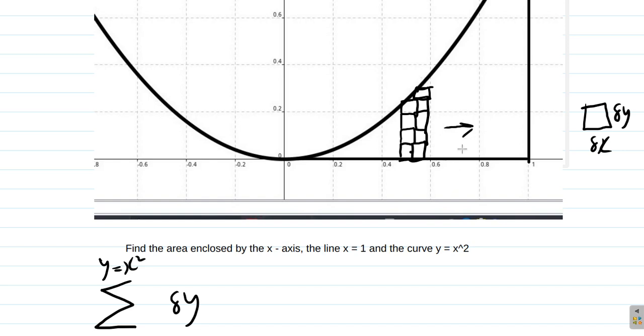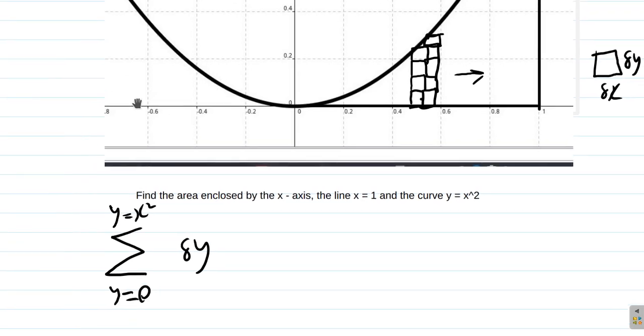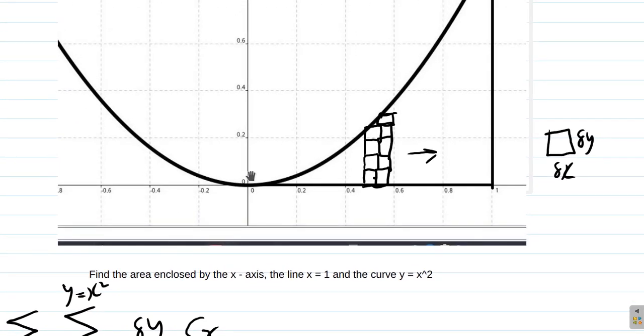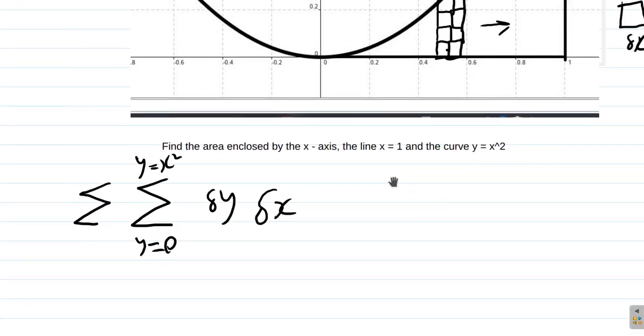So we're going this way. We are adding up things where x is changing, so it's delta x. All of these represent each column going upwards. But then we have to stack them from left to right. Where do we start and where do we end? Well, we start at 0 and we end at 1. So we're going from x equals 0 to x equals 1.